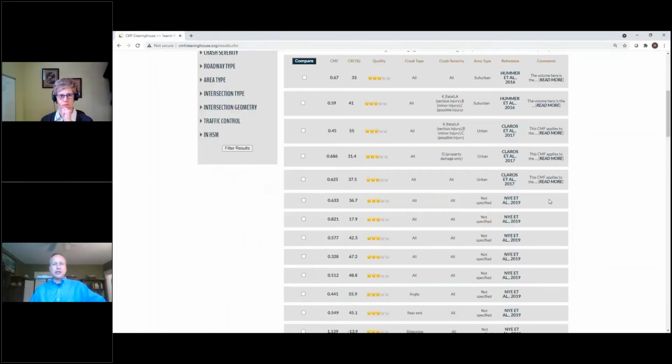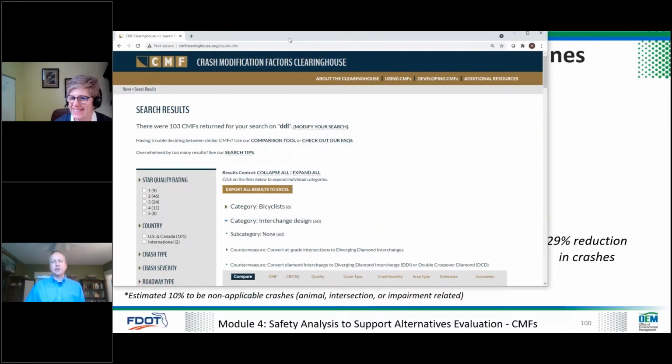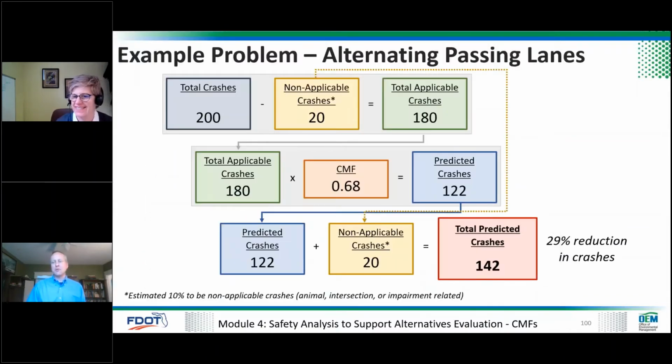I often wish it was easier. To do this well is not always easy, and sometimes we underestimate the time required to make sure that we get the right CMF. But that's an essential step, and it's worth doing, or you can end up using a CMF you shouldn't use for that project.